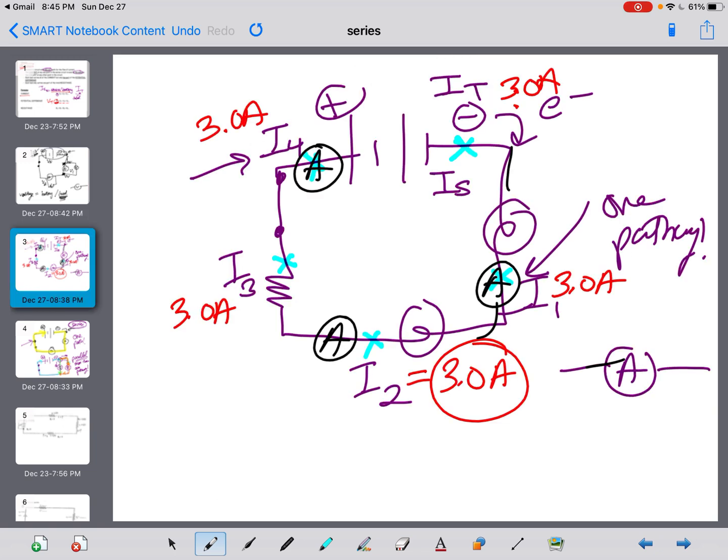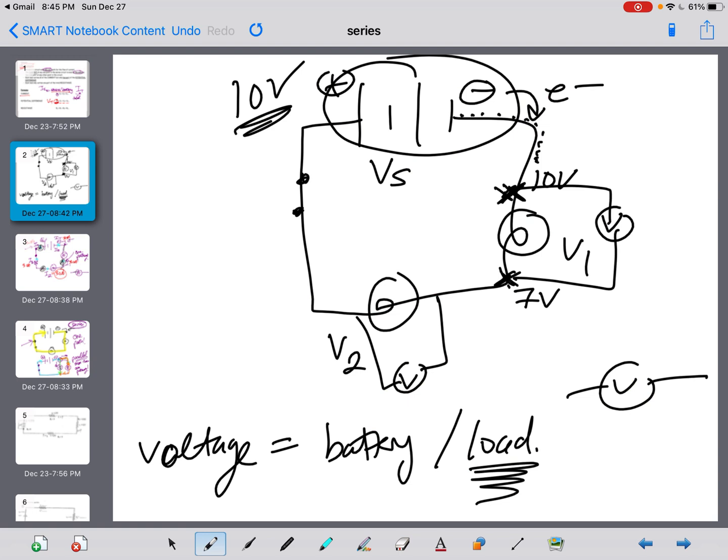So what happened here is, the amount of energy that has been spent is basically 10 minus 7. So this voltmeter number 1 will be 3 volts. Those electrons have used up 3 volts worth of that energy. Of course the electrons are going to keep moving along.